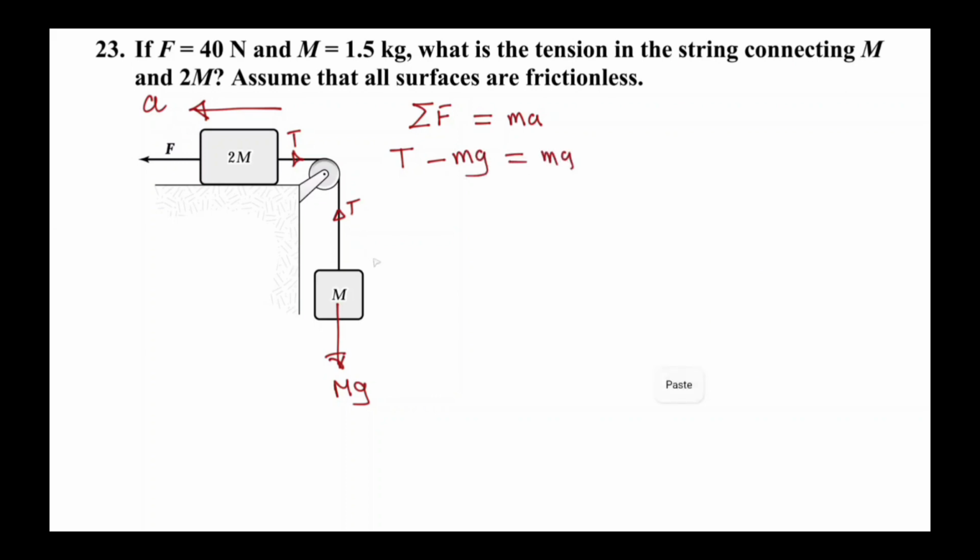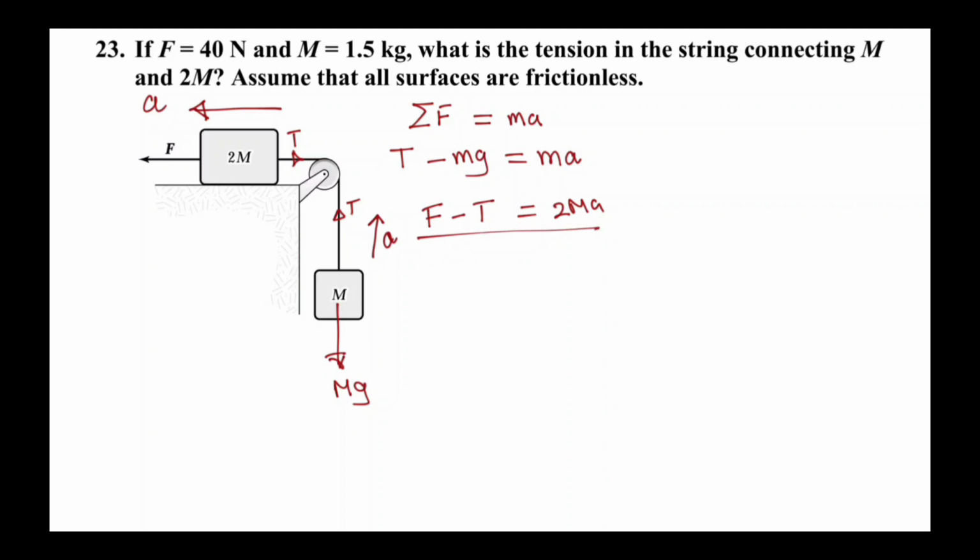Again, the one with the acceleration, we start with it. So tension minus mg equals MA, and F minus tension equals 2MA. From system 1, tension minus mg equals MA, and from system 2, force minus tension is equal to 2MA.